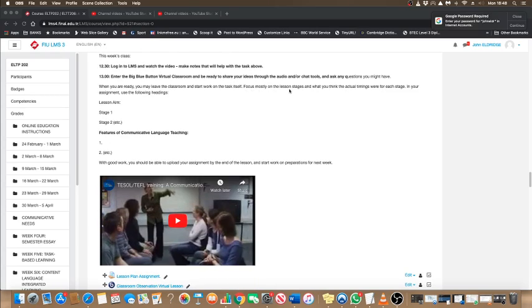Notice, focus mostly on the lesson stages and what you think the actual timings were for each stage. Not the edited ones, the actual ones. At the bottom, with good work, you should be able to upload your assignment by the end of the lesson and start work on preparations for next week.